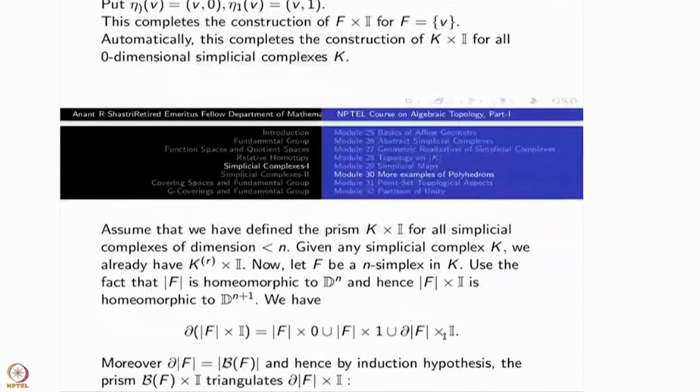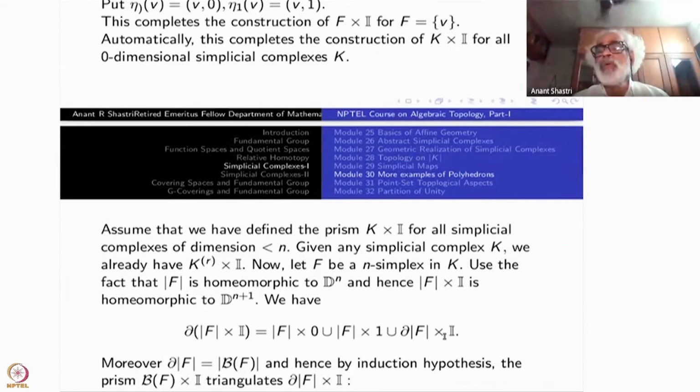Now assume that we have done it for all the way up to n minus 1. Then we want to do it for n. What is the meaning of that? Take a simplicial complex K and take an n-dimensional simplex F in it. On the boundary of this simplex cross I, there is already a simplicial structure.